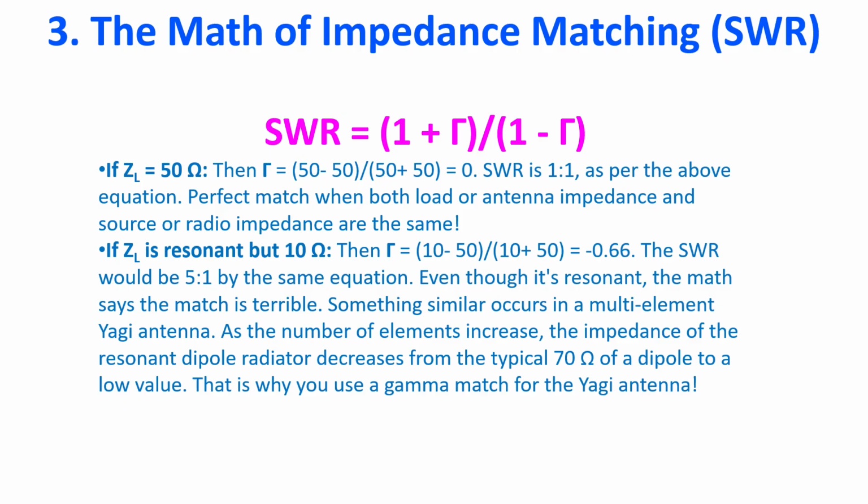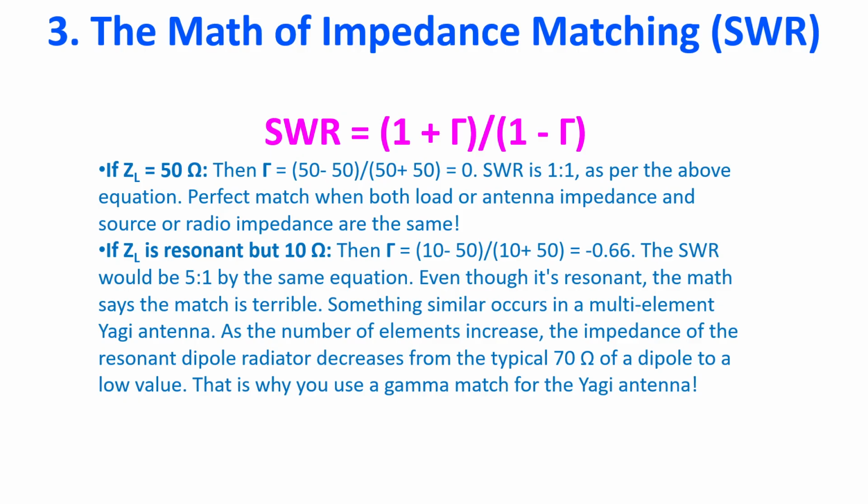So from the equation, if the load impedance, that is the antenna impedance, is 50 ohms, then gamma is 50 minus 50 divided by 50 plus 50. Anything divided by 0 is 0. Then SWR is 1:1 as per the above equation. Perfect match. If the load impedance or the antenna impedance is 10 ohms, it can still be resonant.